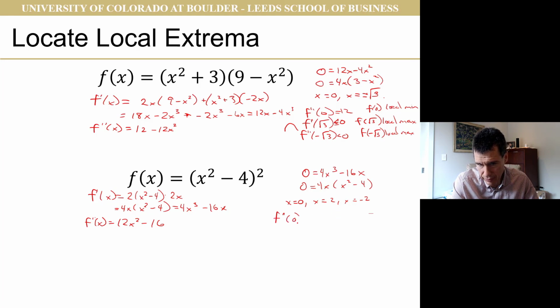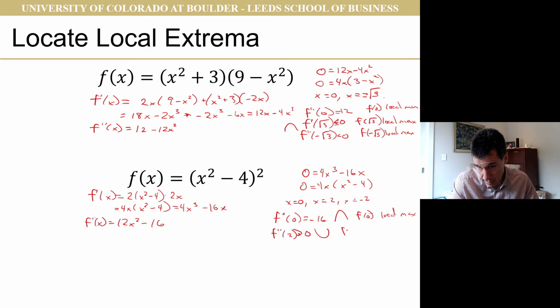Calculate the second derivative, or at least the sign of the second derivative. f″(0) is −16. Concave down means that f(0) is a local max. f″(2) is positive: 12 times 4 is bigger than 16, so that's bigger than 0.